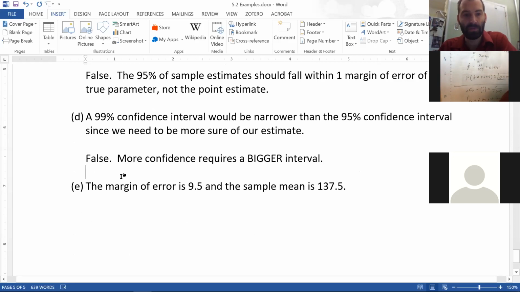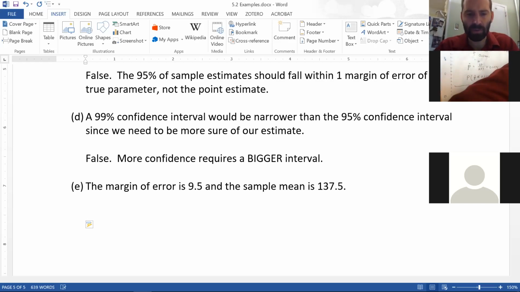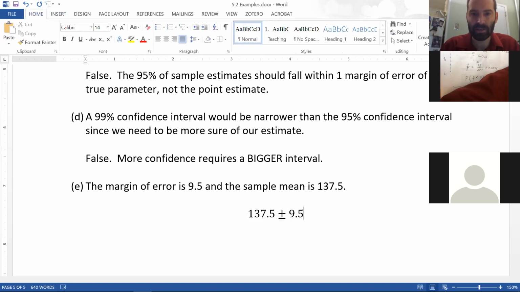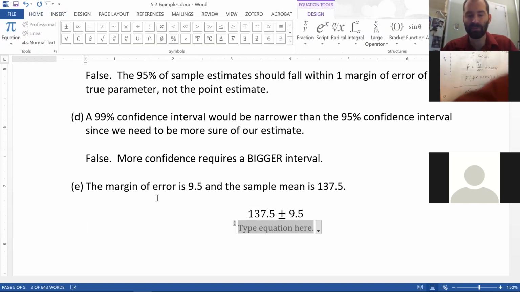Okay. And finally, the margin of error is 9.5 and the sample mean is 137.5. Well, let's see, does that work? I take 137.5 and then I add or subtract 9.5. What do I get? Well, if I subtract 9.5, I get 128, right?